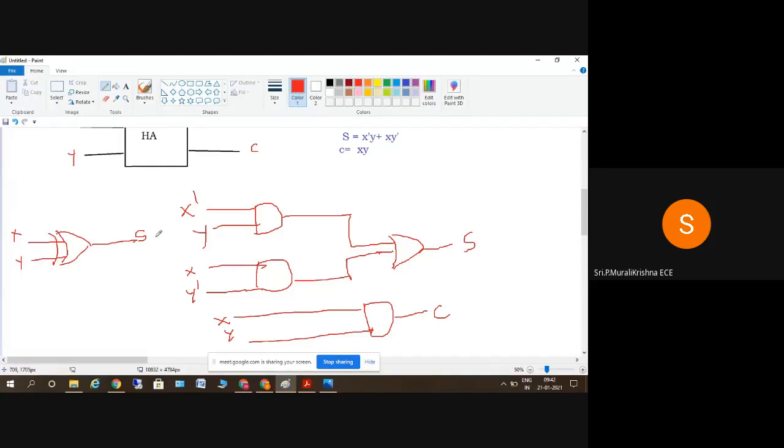So what I can write here is x XOR y. Clear?